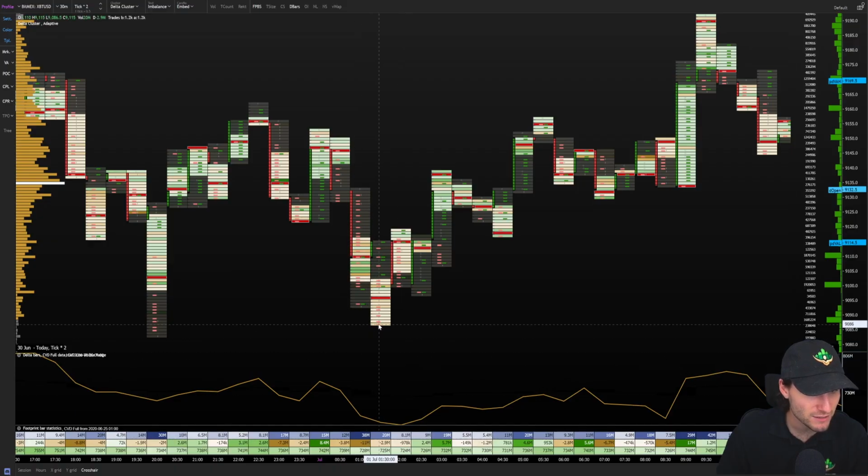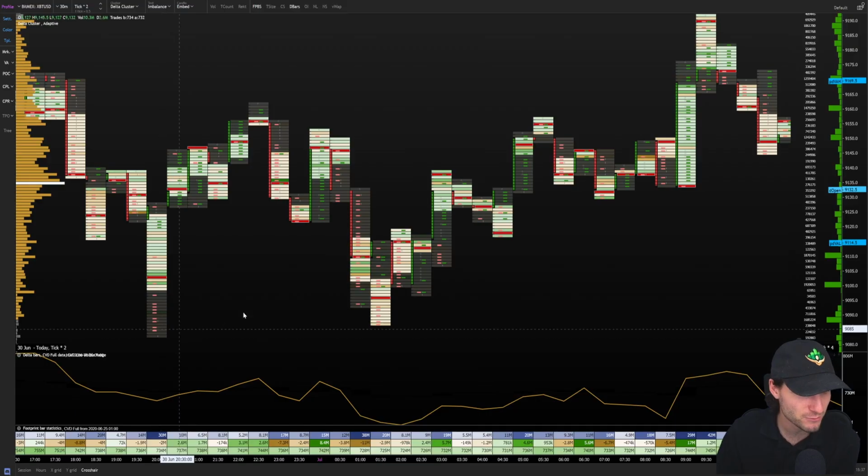So you can see here, actually, this is a really nice example. Again, this wasn't officially met, but you can see from this low to this low, what you're seeing here is really aggressive selling of the lows. So 30 million here, negative 2 million delta. Here you're seeing 38 million, negative 11 million delta. So more selling at this low than this low, but you are not making a new low. It's a higher low.